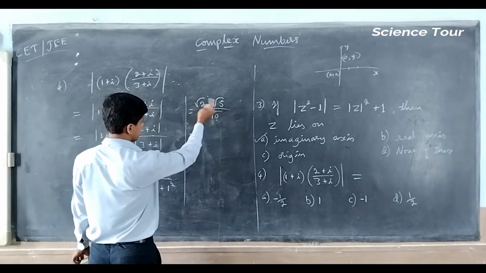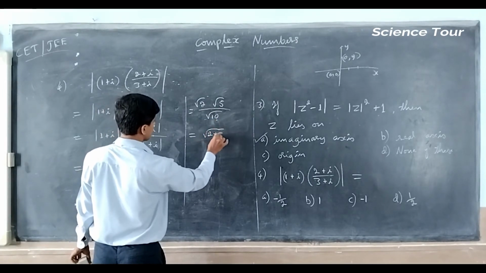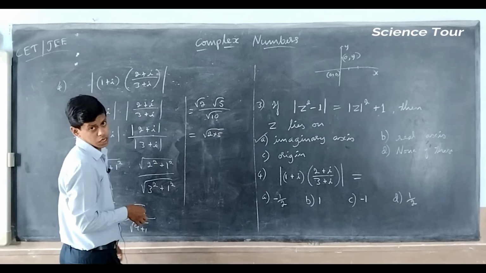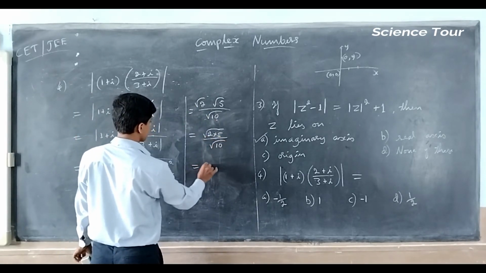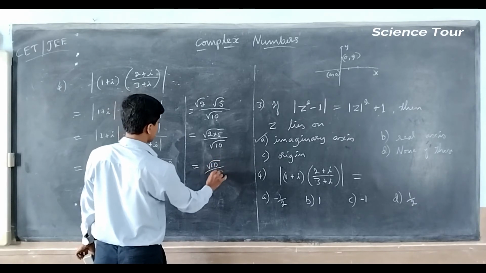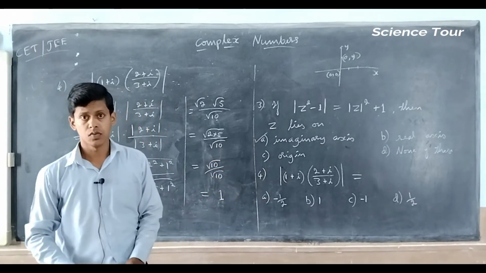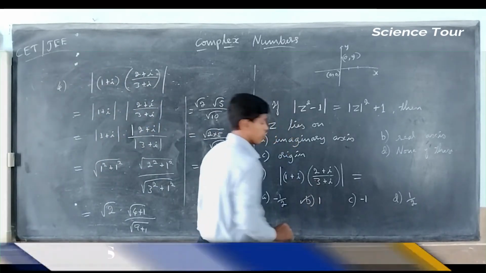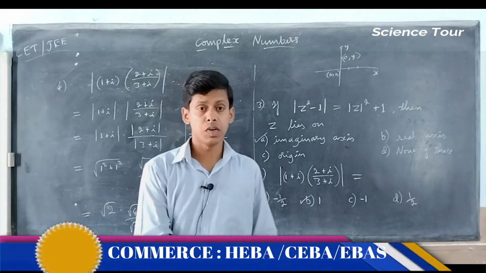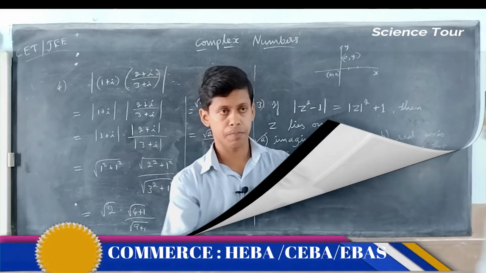So this is like root of 2 into 5. We can use this formula because both are positive. 2 is positive, 5 is positive. We can use it. So that is root 10 divided by root 10, which is equal to 1. Hence, the answer is option B. Well, so that completes question number 4. Let's move to the next question.